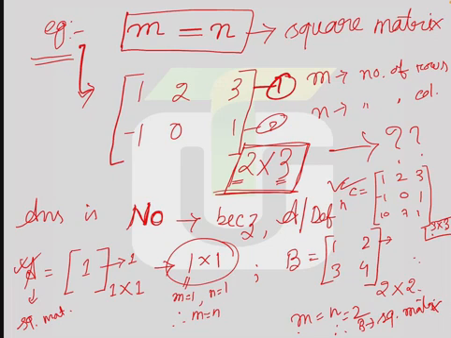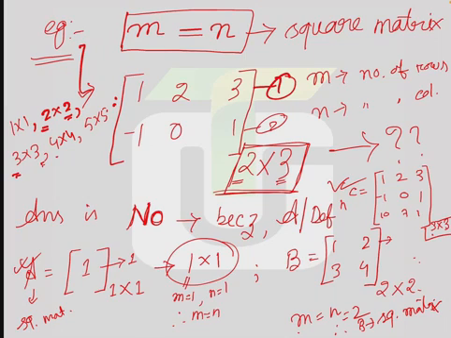Okay, so in one word, you can say that 1 by 1 matrix, 2 by 2 matrix, 3 by 3 matrix, 4 by 4 matrix, and 5 by 5 matrix, etc. are called square matrix, where m is equal to n, right?